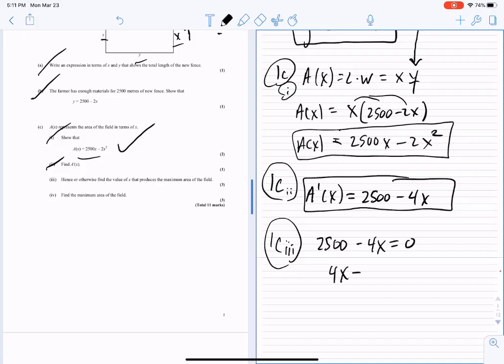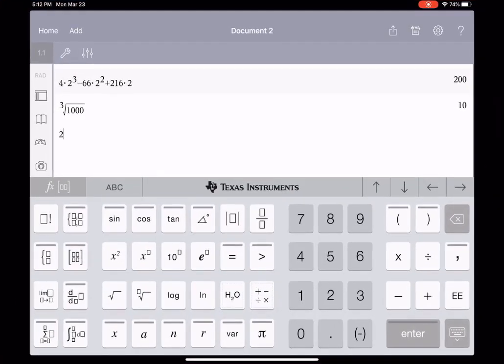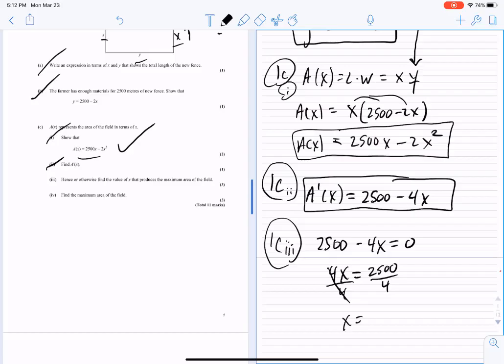That means that 4x would equal 2,500. We'll divide both sides by 4. And x, let's try 2,500 divided by 4. So that's a value of x that produces the maximum area of the field.